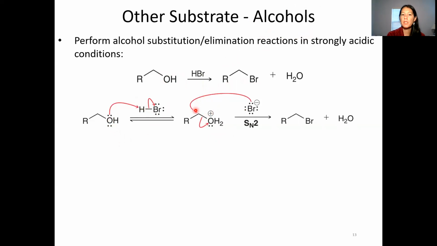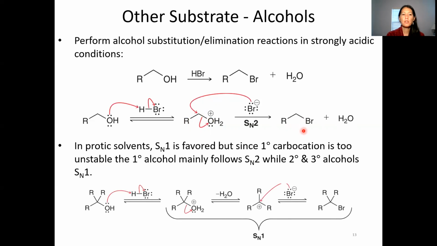Then bromide comes in to undergo the substitution on this primary substrate, and you get your overall SN2 product, the alkyl bromide. Just to let you know, in protic solvents, the SN1 is favored. But since a primary carbocation is very unstable, the primary alcohol here is going to follow the SN2 mechanism.